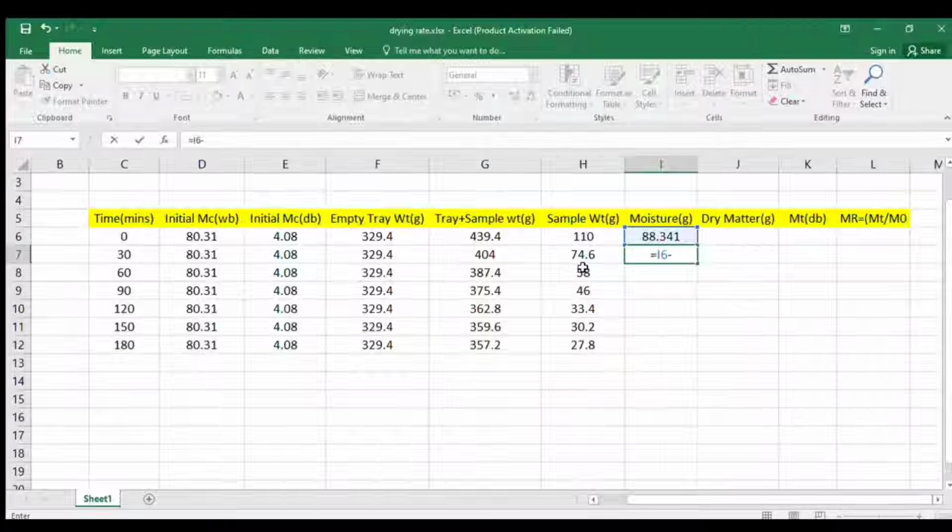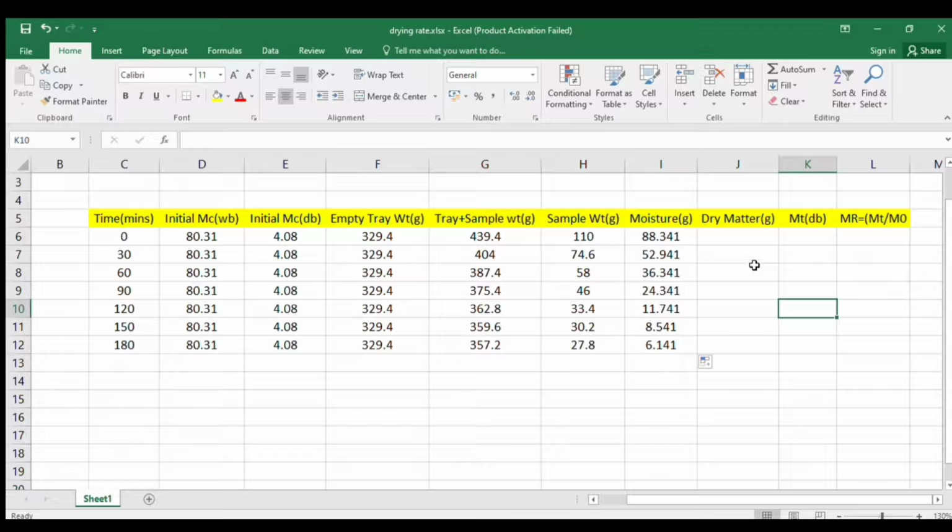So we have to subtract the difference, which is lost by evaporating, from the initial moisture, and thus we will get the moisture after 30 minutes. Same for the rest of the cells.